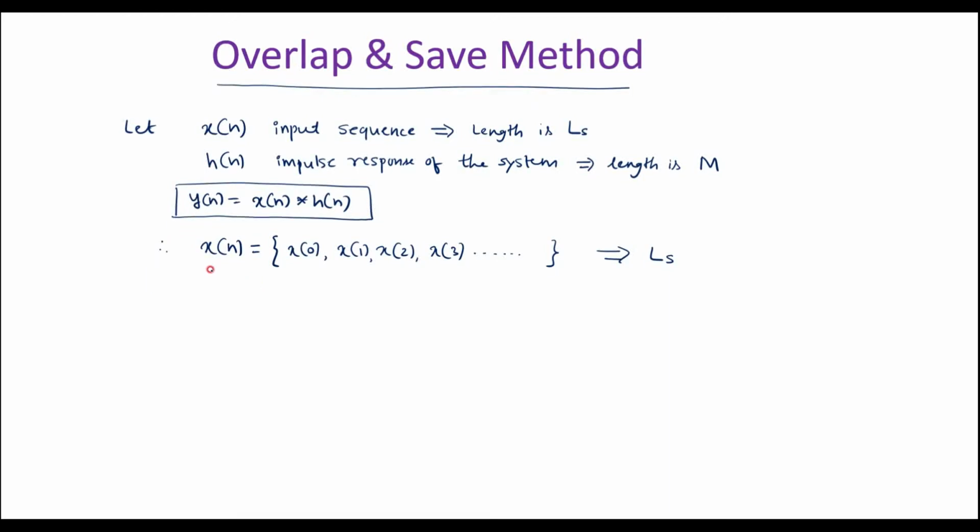As per our discussion, now we are supposed to divide this x of n sequence into small blocks, say x1 of n, x2 of n, x3 of n and so on.